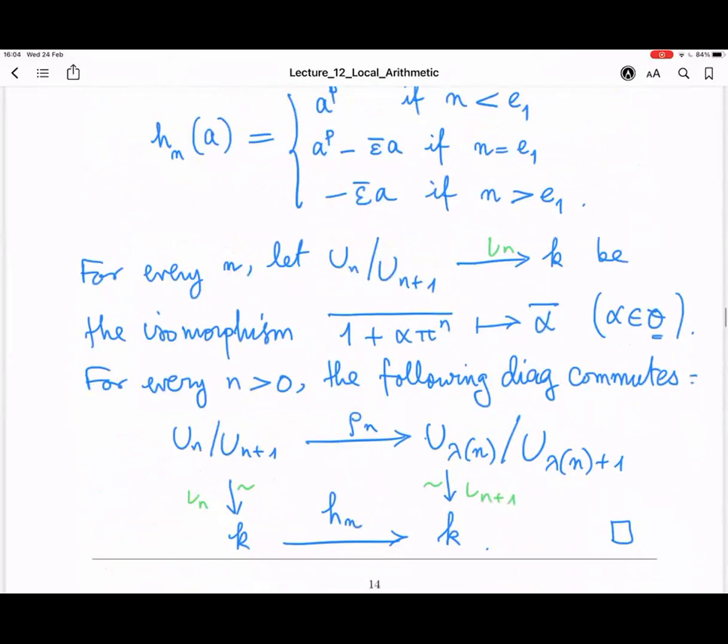So all the way here is just notation. And the actual proposition is just this here.